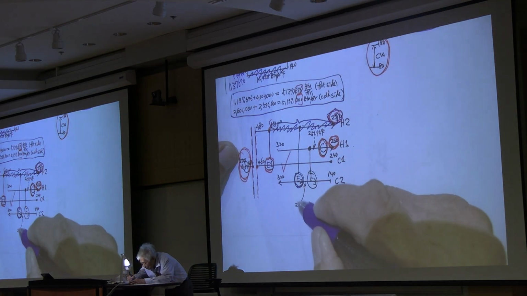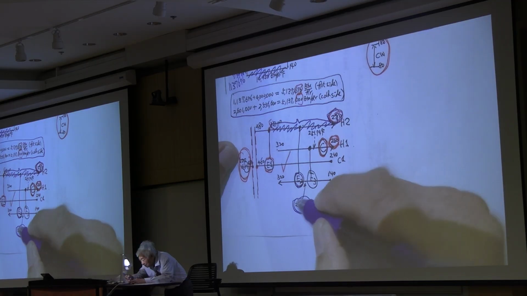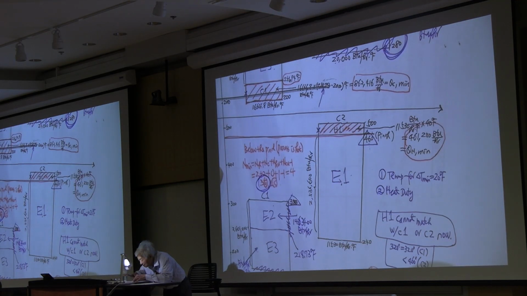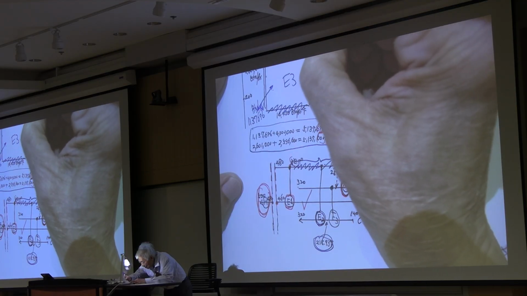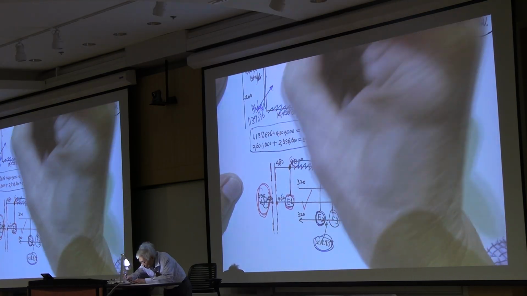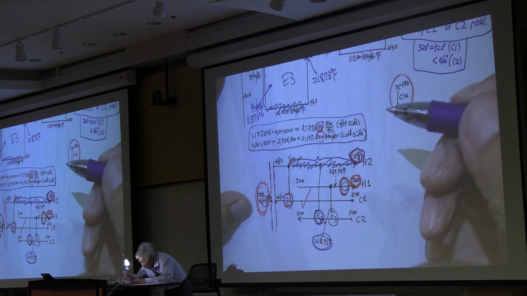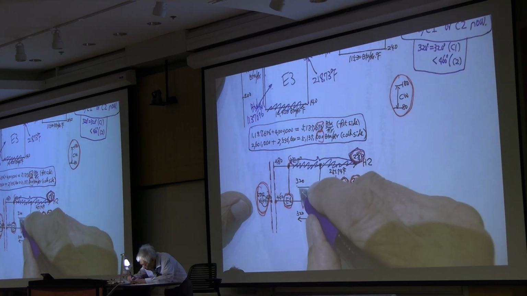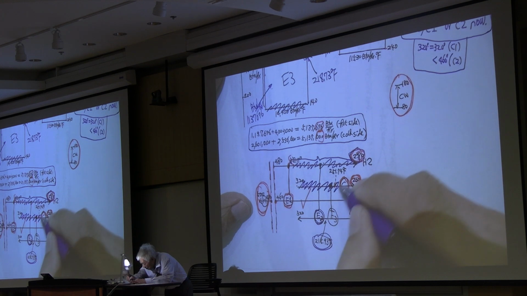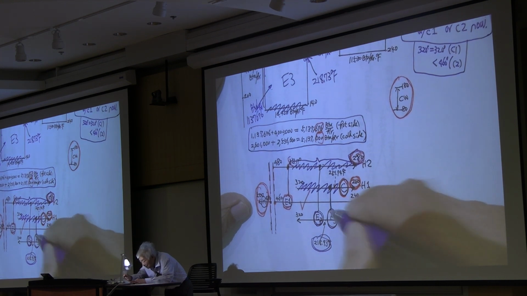E2, 218, that is here. The remaining one is this portion. That is this exchanger.